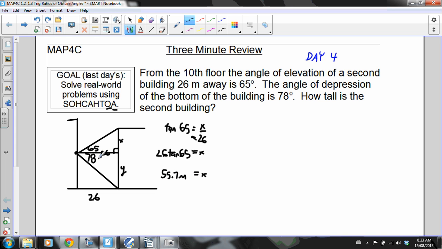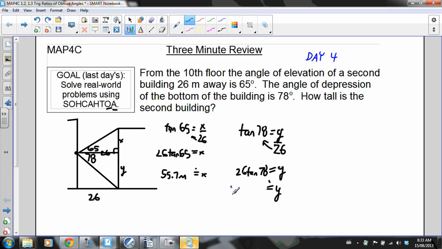And then in the bottom triangle, same thing. Some calculator work here. Those are approximate answers.